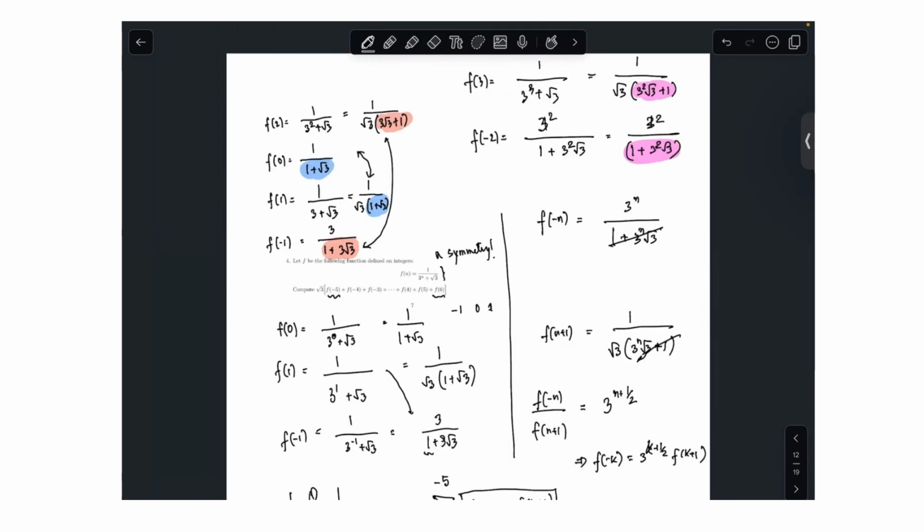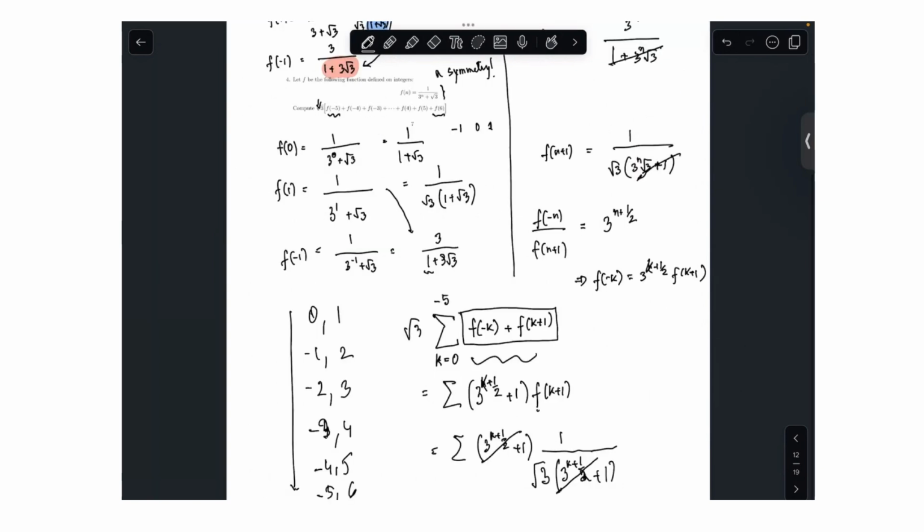And then you have this root 3 out here in the beginning. So this root 3 gets cancelled. So it's nothing but summation from k equals 0 to minus 5. So 0 to minus 5, there are 6 of them. So it's 6 sums of 1. All of you understood it? How to simplify things, every single step by step.